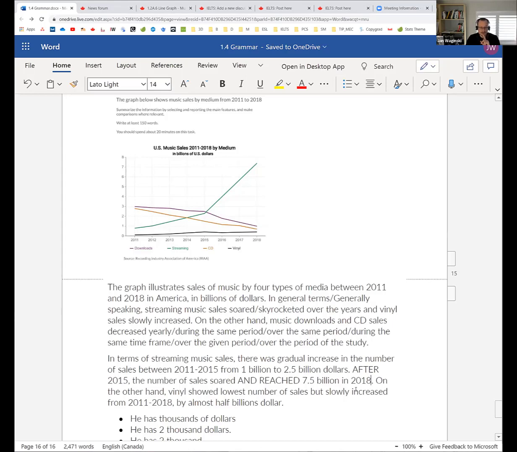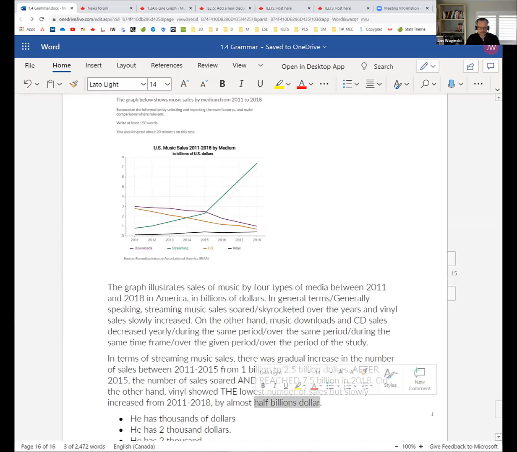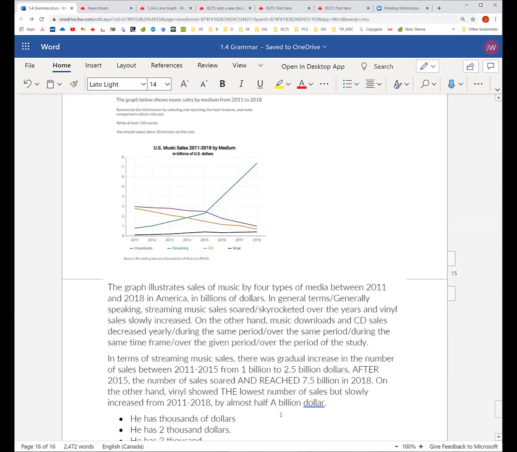Good. On the other hand, vinyl showed the lowest number of sales, but slowly increased from 2011 to 2018 by almost $500 million. What? Okay, by almost $500 million. Billion dollars. No, $500 million. There we go.